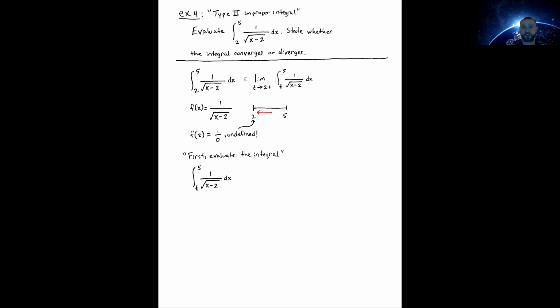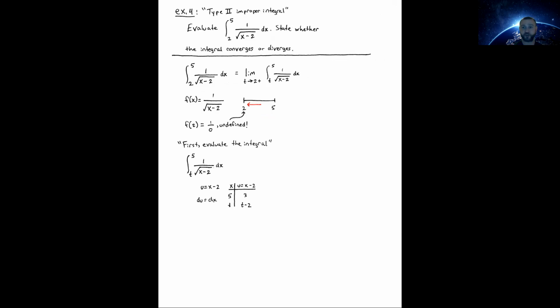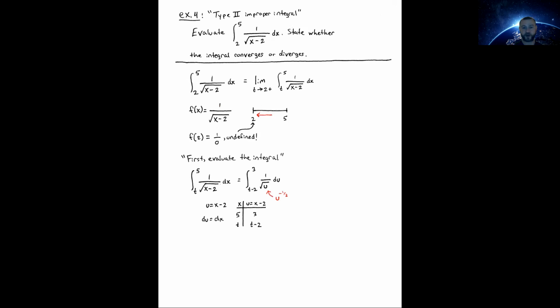All right, a good first step is to always evaluate the integral. This one we can do with a combination of basic u substitution and changing the limits. So we might choose u as x minus 2. And then we can change our limits with our substitution and get our u limits as t minus 2 to 3. If you translate your integral from x to u, you arrive at this.